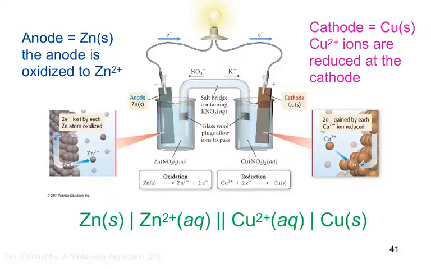We have the solid zinc on our anode, or our oxidation, which is oxidized to zinc 2+. Then there's the salt bridge. Then our copper 2+ in the aqueous phase is reduced to solid copper. So it's reactants, products is another way to look at it.